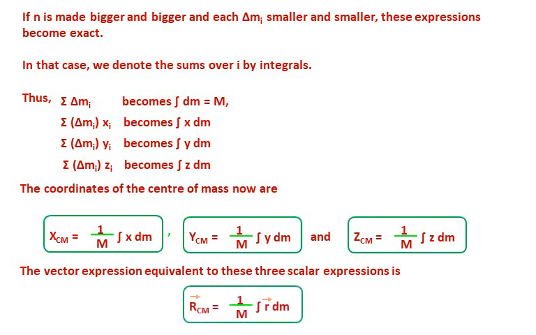And in terms of vector notation, r vector denoting the center of mass will be equal to integration of vector r into dm divided by the total mass of the body.